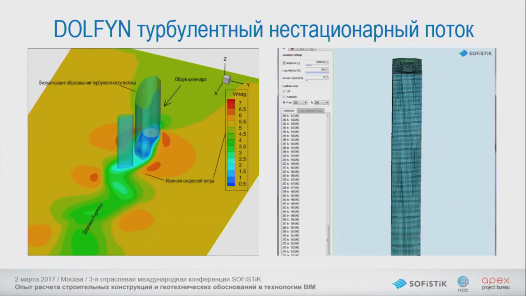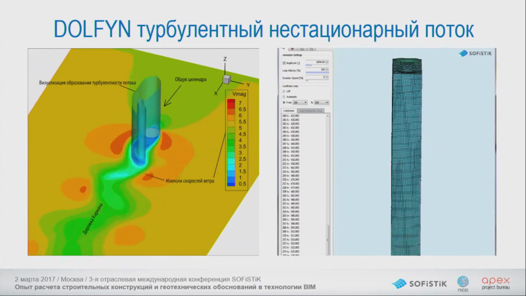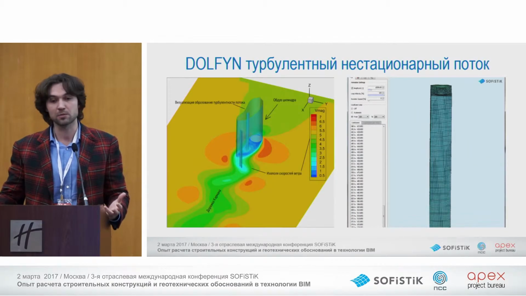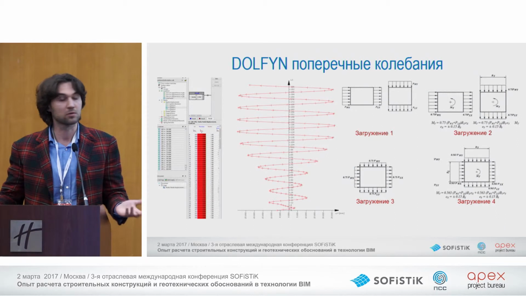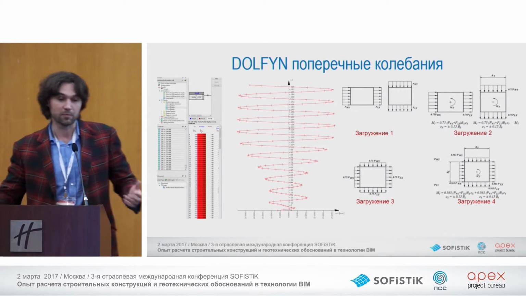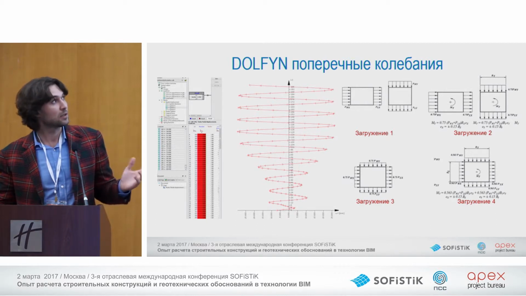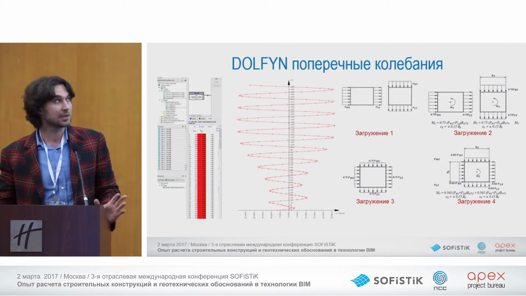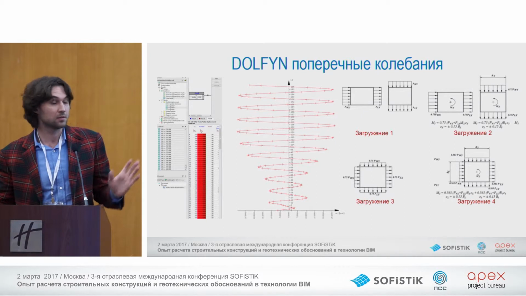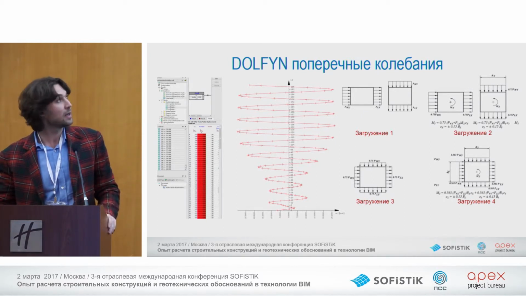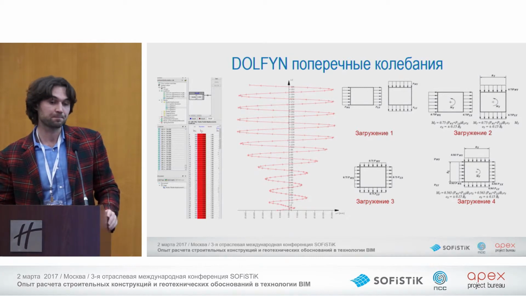The deflection of the tower, deflection of a high-rise building, is one of the major problems for them, and we need to calculate that. Here, on the left, you see the results from the standard Sophistic processor.